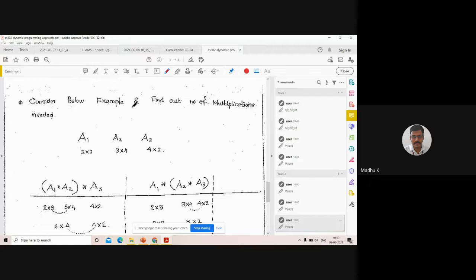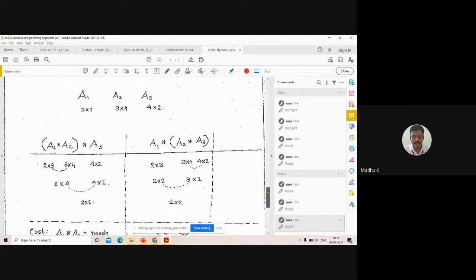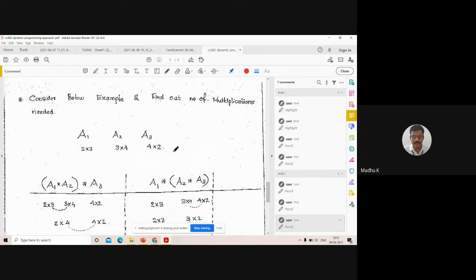Consider the below example. In the university exam also you can expect this type of questions. Find out the number of multiplications needed. There are 3 matrices given. Sometimes in the exam it will be 4, sometimes 5, etc. Here the problem is basically simple, only 3 matrices are there.